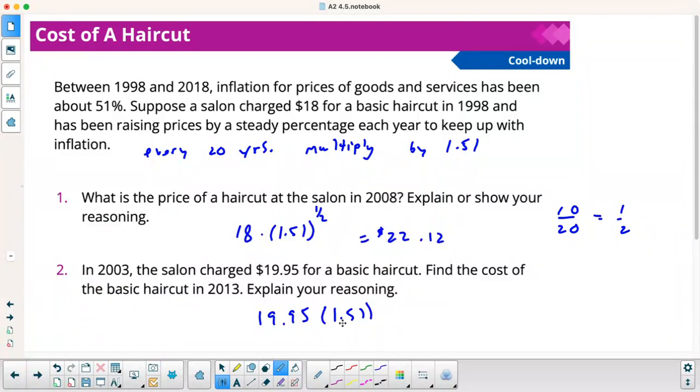So this is times 1.51 every 20 years. So it's 10 out of 20. So again, just like I did over here, I'm going to get to the 1/2 power. So 19.95 times 1.51 to the 1/2 power, I get 24.15. Okay.